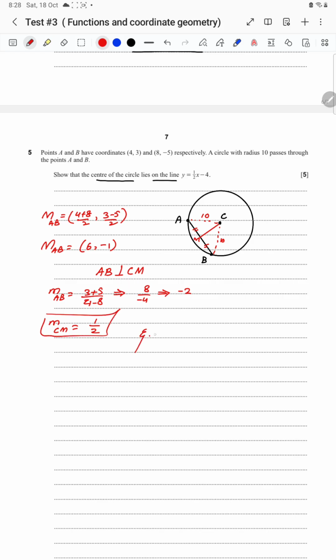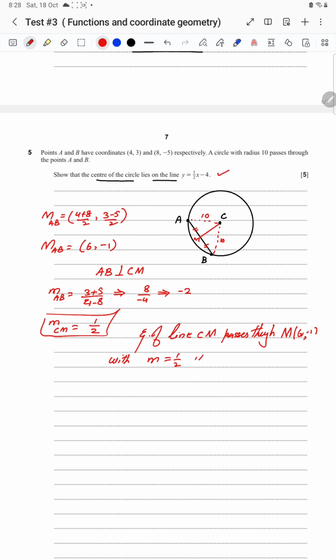Therefore, the equation of line CM passes through M, that is 6 and minus 1, with gradient 1 by 2, and it says that it must be this one, which we have to prove.